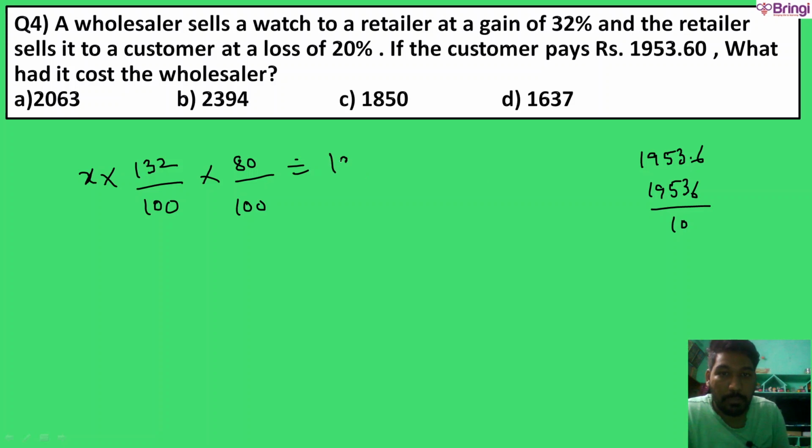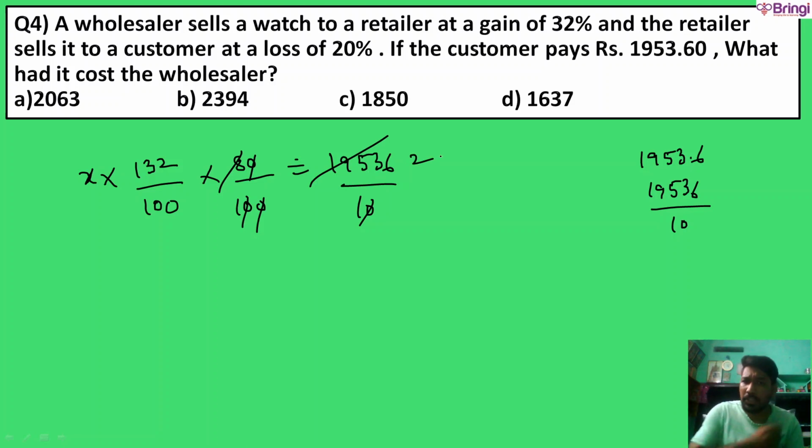So the answer will be 19536 by 10. Now the zeros cancel. Now check the 8 table: 8 2s 16, 8 4s 32, 8 4s 32, so 2 times.